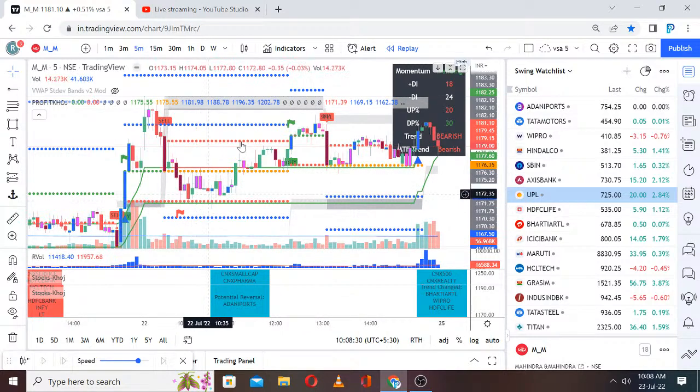So: sell signal, no retracement; buy signal, retracement, did not confirm.